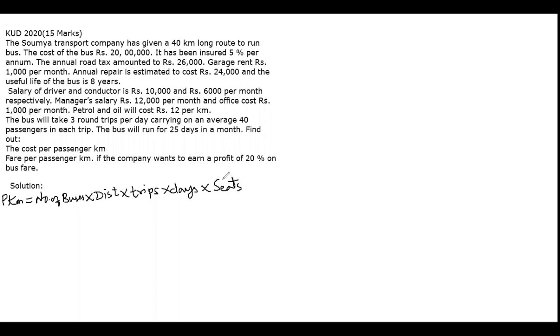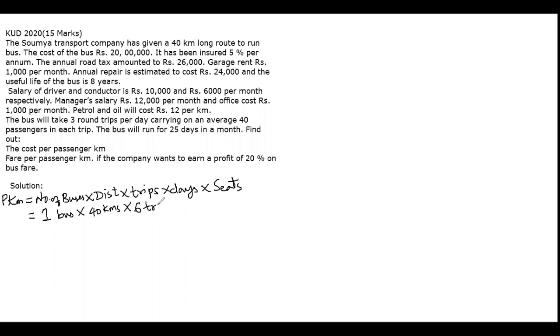The percentage of seats occupied is not given in this problem. Number of buses is 1 bus. The bus is 1. And next, distance between 2 cities is 40 kilometers. And trips is given as 3 trips.